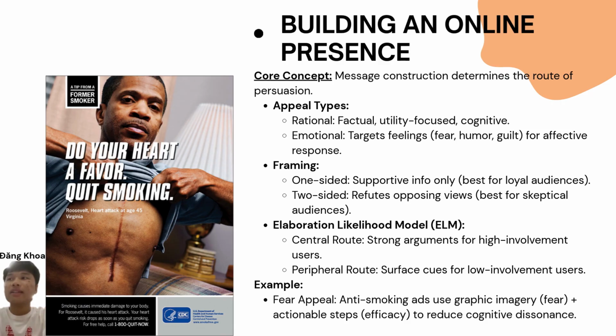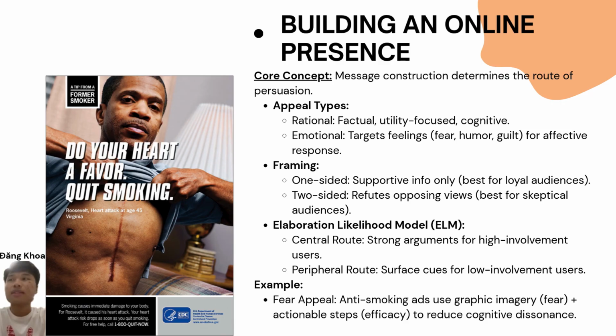A key strategic choice is message framing. While one-sided arguments work well with loyalists, two-sided arguments, which acknowledge and refute a counter-argument, are far more effective for skeptical or highly educated audiences because they enhance perceived honesty.